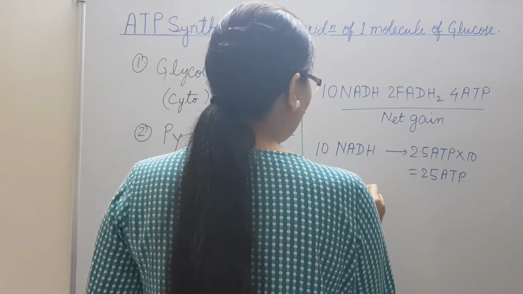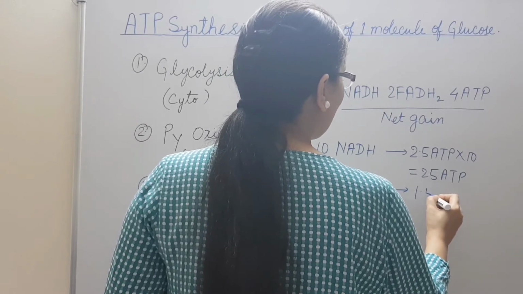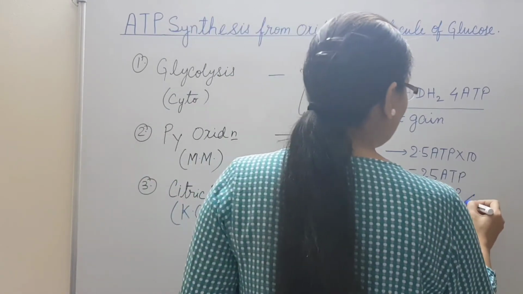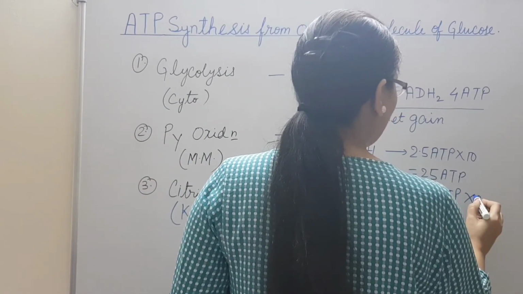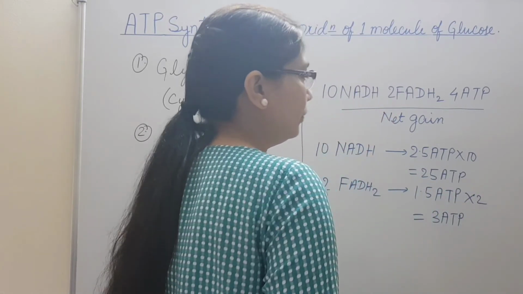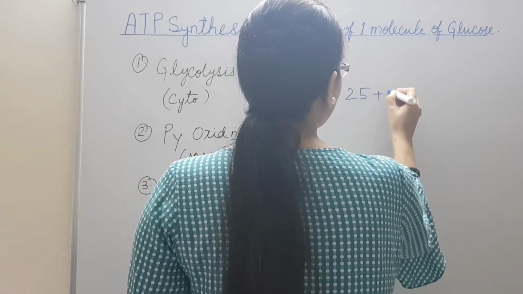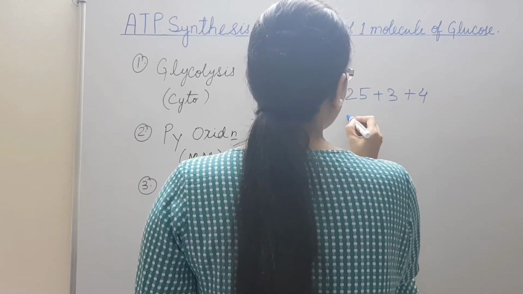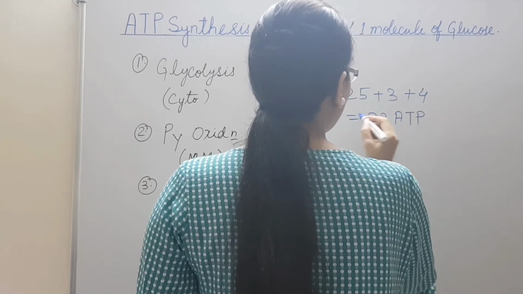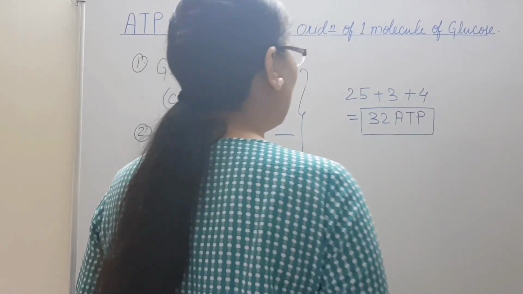Each molecule of FADH2 in oxidative phosphorylation gives 1.5 ATP molecules. So 2 FADH2 molecules will give 1.5 into 2, 3 ATP molecules. So we get 25 plus 3 plus 4 equals 32 ATP molecules from the complete oxidation of one molecule of glucose.